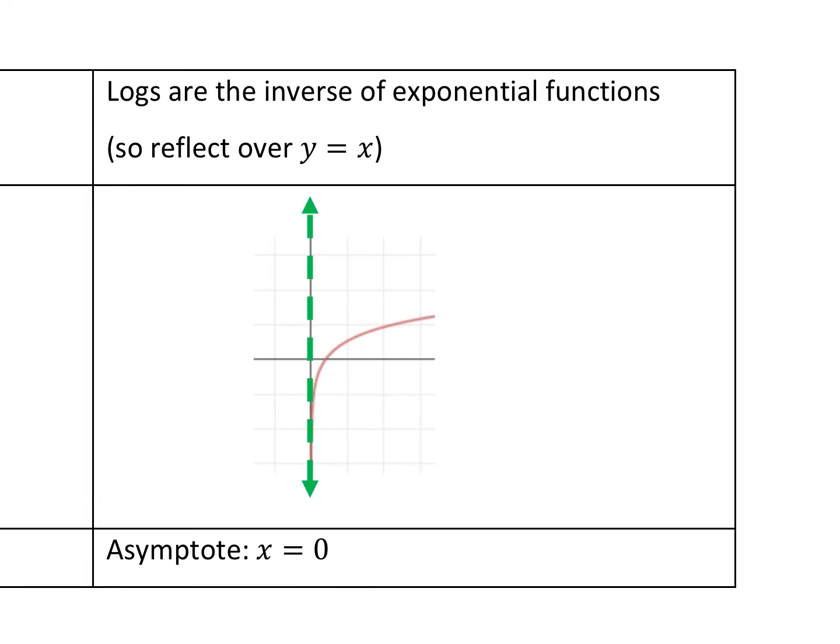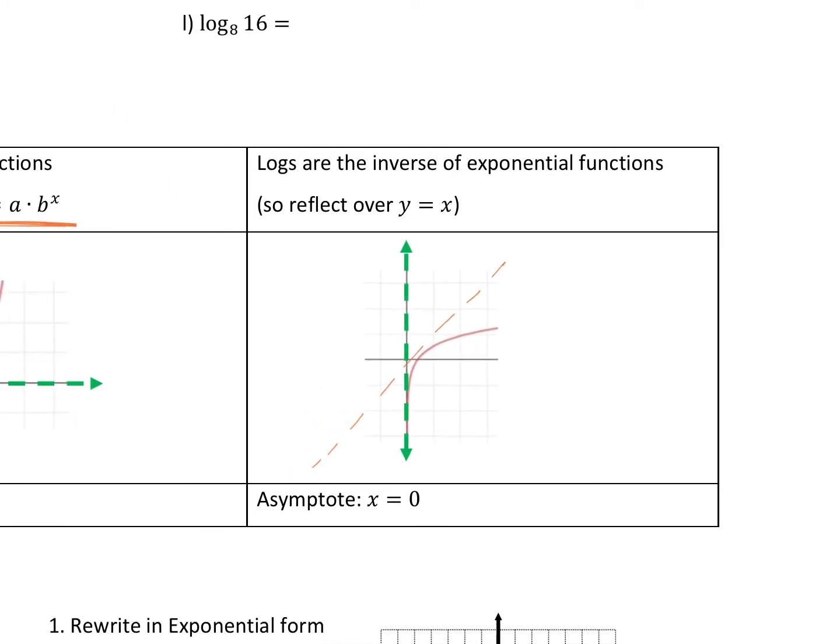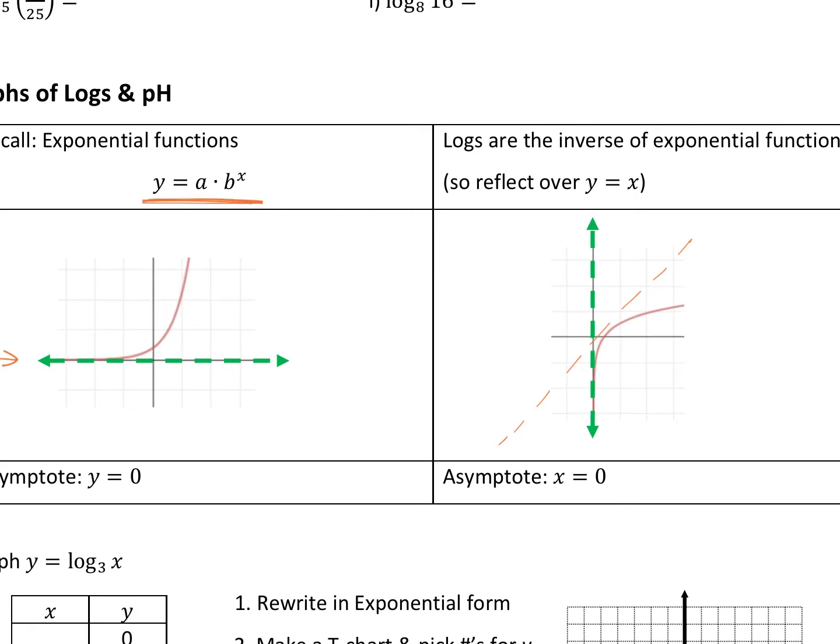So basically, same as before, when we graphed inverses, remember it reflected over the line y equals x. This line right here. If you take a look at these graphs, that's what's going on. We just took the exponential and reflected it over that diagonal line.